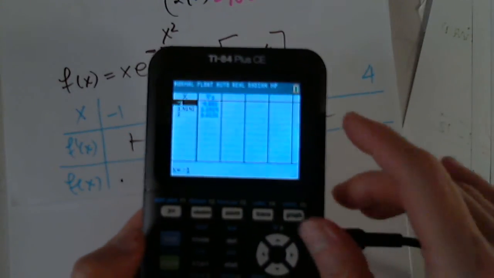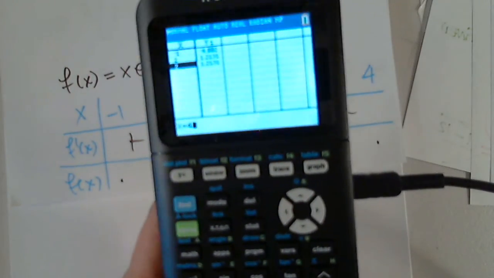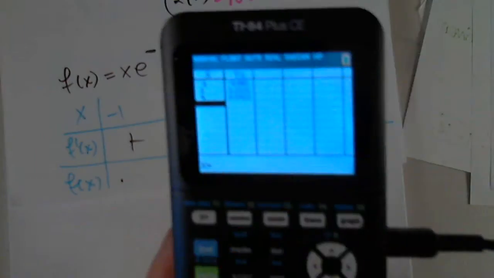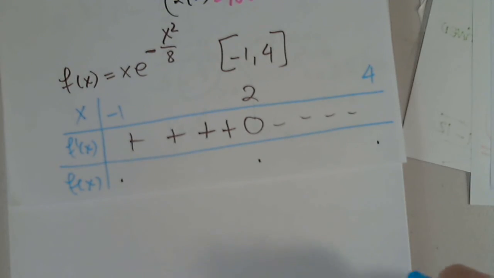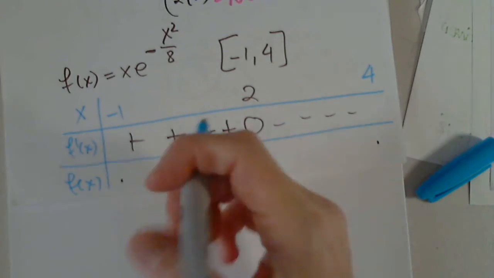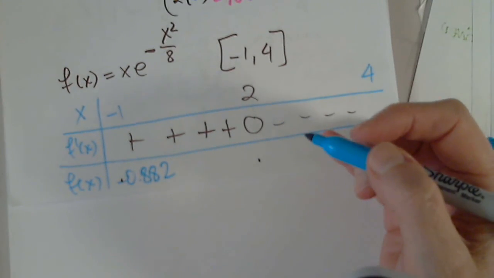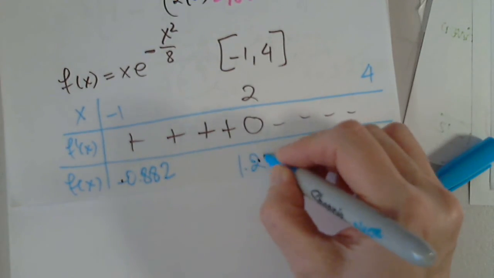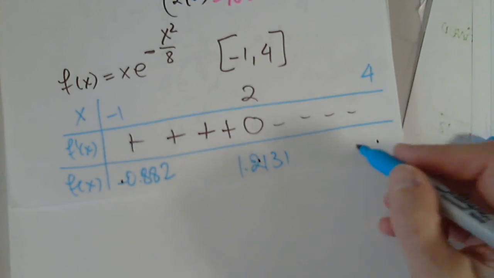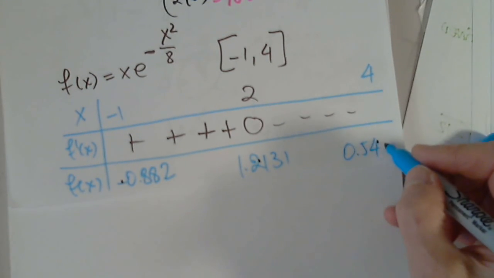So second and table. And I have to plug in negative 1, 2, and 4. And what I got was negative 0.882, 1.2131, and 0.5413.